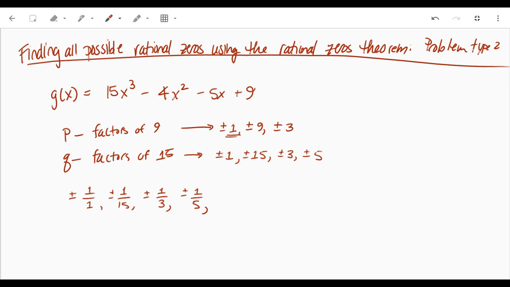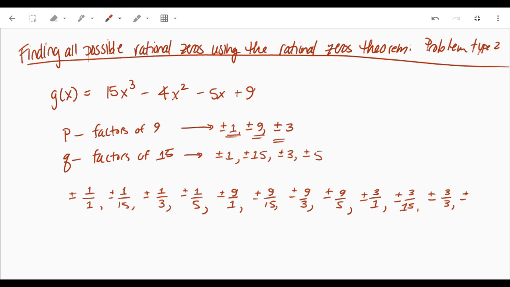Now we're going to move to the 9: 9 over 1, 9 over 15, 9 over 3, 9 over 5. And now I'm going to move to the 3: 3 over 1, 3 over 15, 3 over 3, 3 over 5.